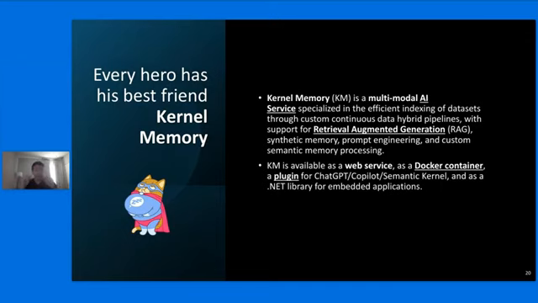But the most important and most useful thing is that Kernel Memory can be used for loading documents. You have a Word document, Excel document, or PowerPoint, or you have a website that you have to chat with in the AI. Kernel Memory can solve all these problems for you.